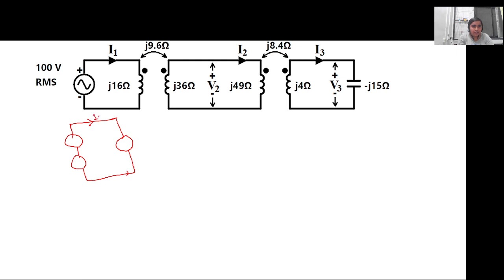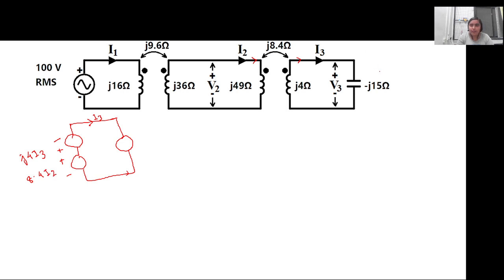Current I3 is flowing in this direction, so the current is actually leaving the dot in this case. The self-inductance will be j4 I3. And for the mutual inductance, in one case the current is entering and in the other the current is leaving, so it will be in the opposite direction again. So it will be 8.4 I2.